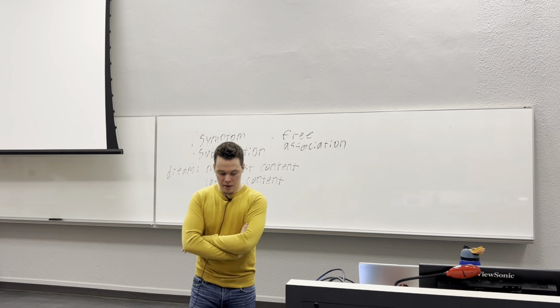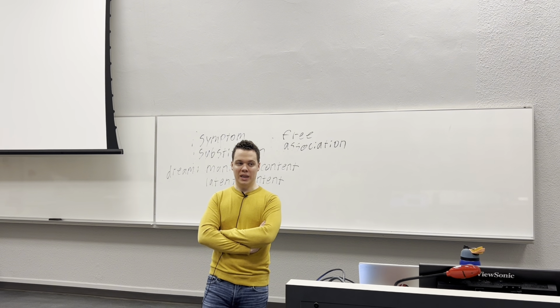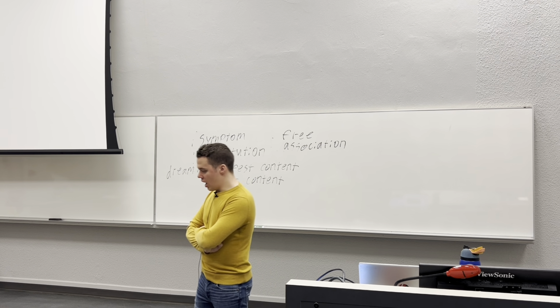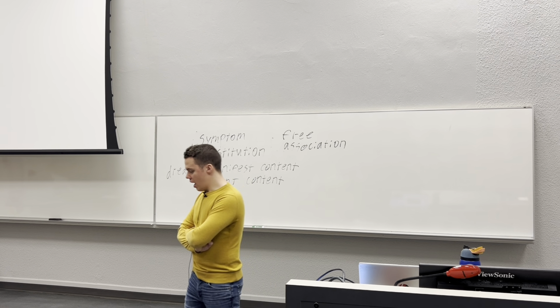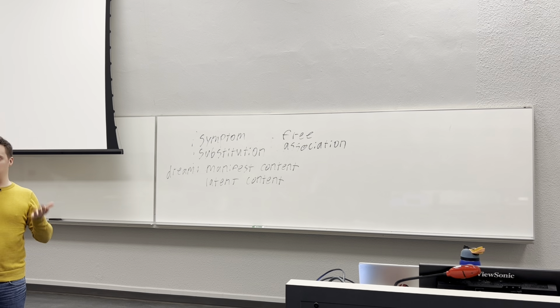The manifest content is what literally happens in the dream. So I have a dream that, I don't know, I'm running through the woods, I get attacked by a bear, and then I kill the bear, and then my skin turns red, and I eat a pizza. I just made that up. That's the manifest content. It's what literally happens in the dream.